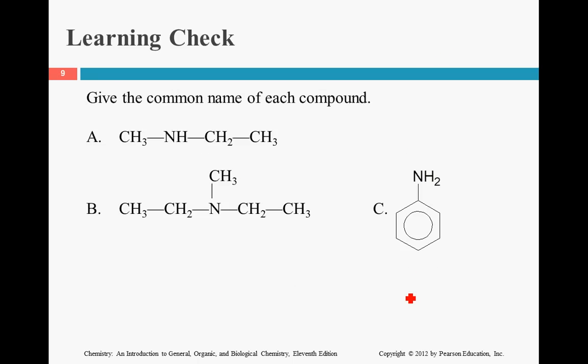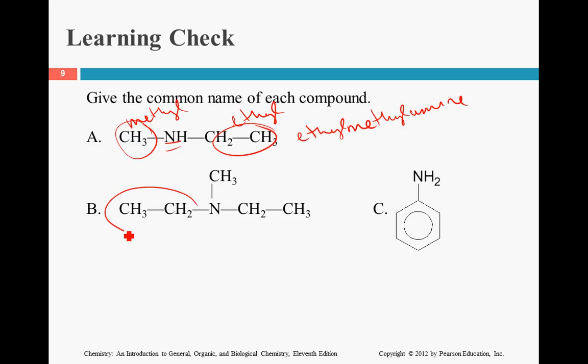So let's look at some names here. We have a methyl group here, and we have an ethyl group here, and that's all we have for substituents coming off of nitrogen. So that's going to be named ethyl methyl amine.